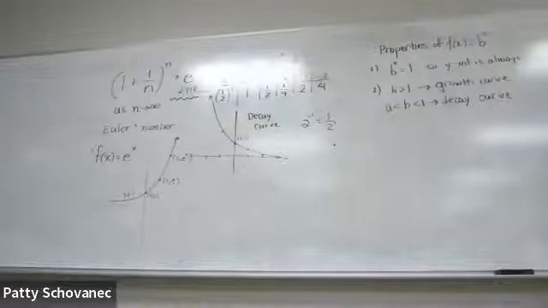But in either case, this graph never hits the x-axis, never dips below the x-axis. That means its range is the set of all positive y values. And I can put any number I want for the exponent, not just integer values. I can put irrational numbers there as well. So that says the domain is the set of all real numbers.